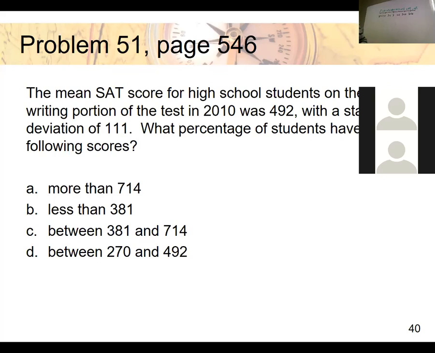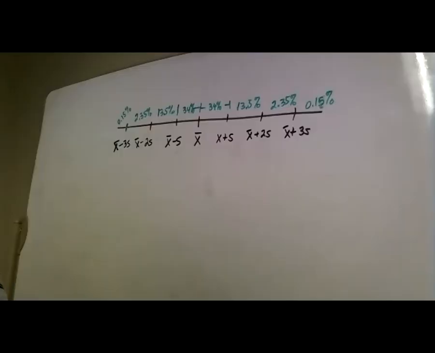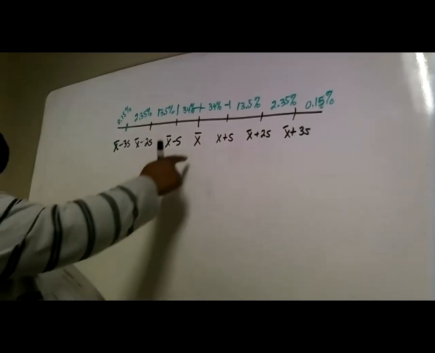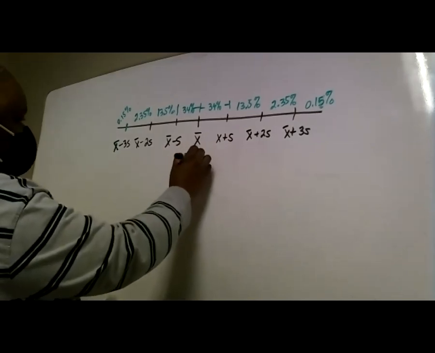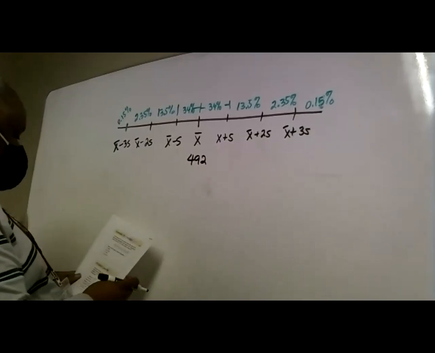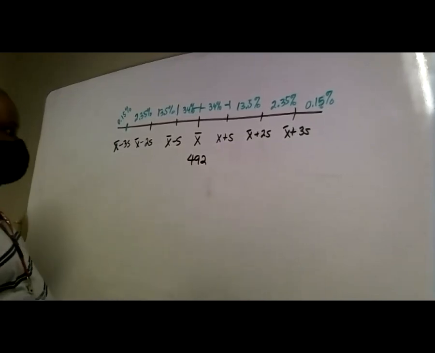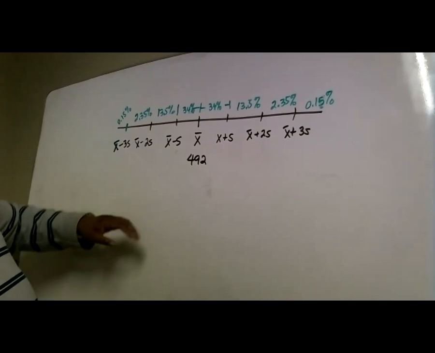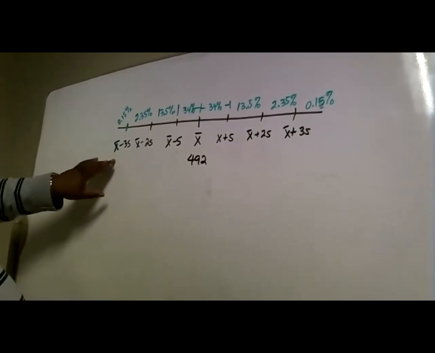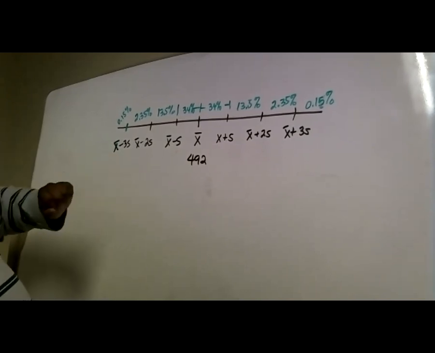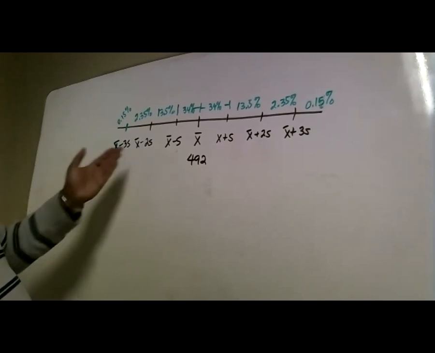Okay, so let's look at this particular problem here on the board. We're told that the mean SAT score was 492. That's the number that's going to be in the center. And we're told that the standard deviation was 111. So let's find out what our values are. That's going to represent 1, 2, and 3 standard deviations on each side, starting with the left.